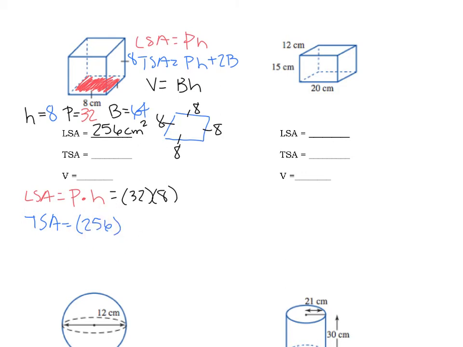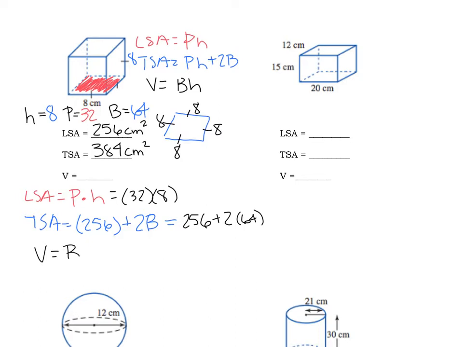Then the formula says we add 2 times capital B. So we have 256 plus 2 times 64, the area of the base. When we add that, we get a grand total of 384 centimeters squared.